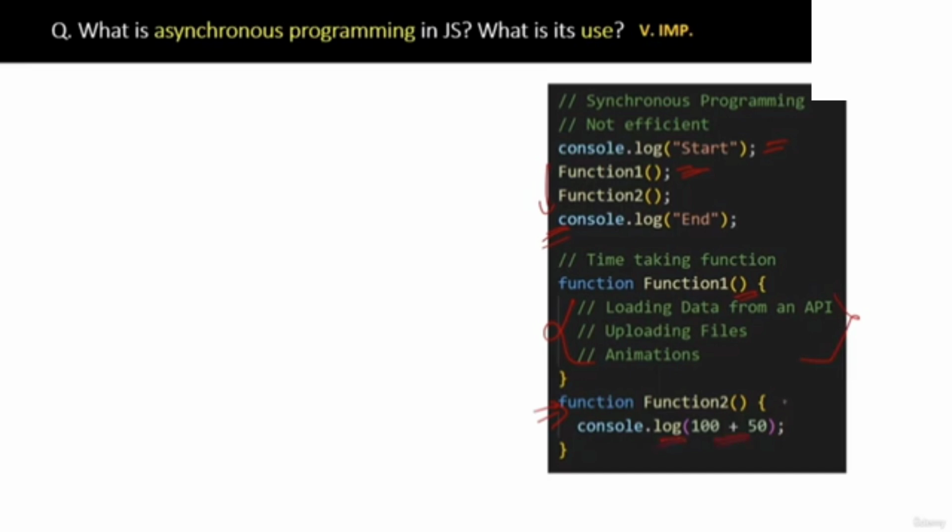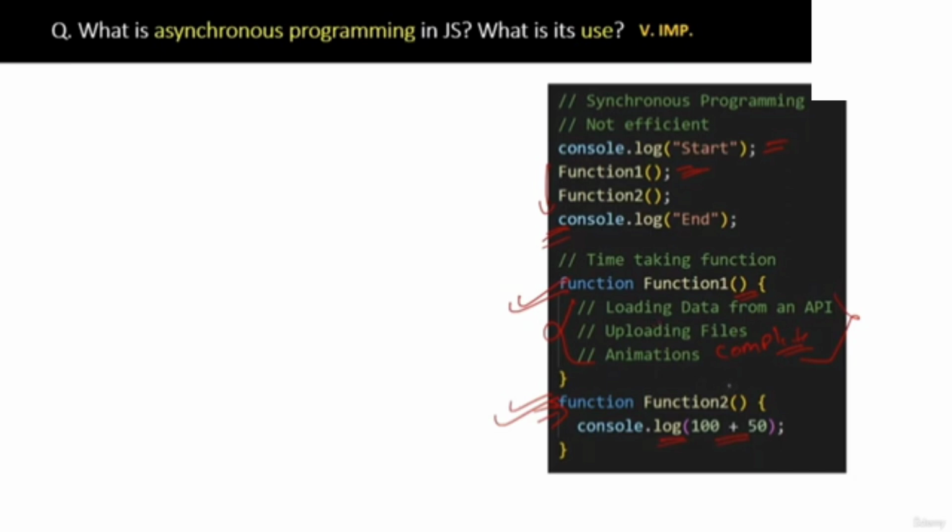In synchronous programming, function 1 will block the execution of function 2 until function 1 completes itself, right? That is the problem. It will delay the whole operation and it can also hang or freeze the browser. But in asynchronous programming, function 1 will not block function 2 and both can run concurrently and parallelly. Other than the non-blocking benefit, both functions together will complete in less time, right?